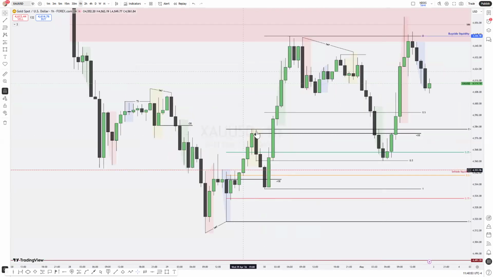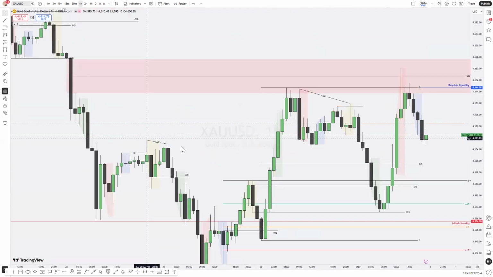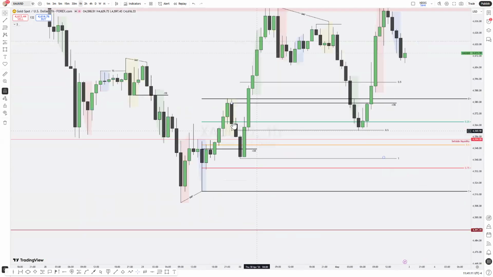From this low right here to this high, price trades back into discount, below equilibrium. This is the PD array below equilibrium, which is the order block. Tapped in there, that could be your trade entry, stopping below the low, targeting relatively equal highs and also fair value gaps as well. Now taking that out.